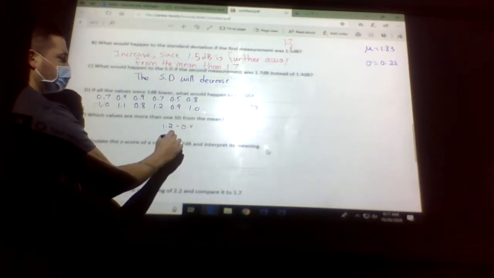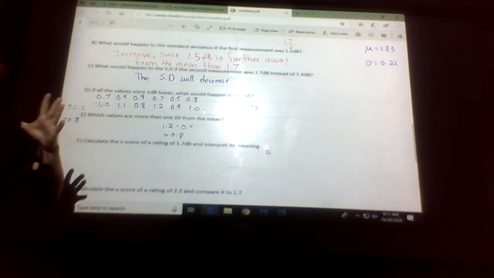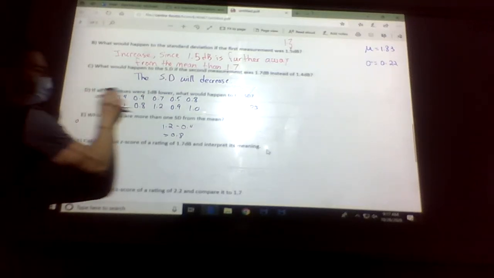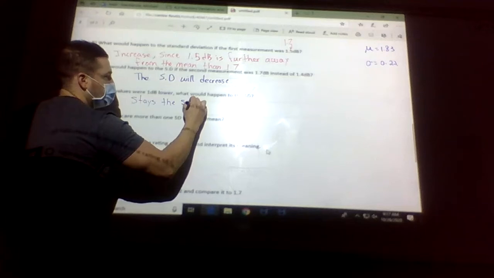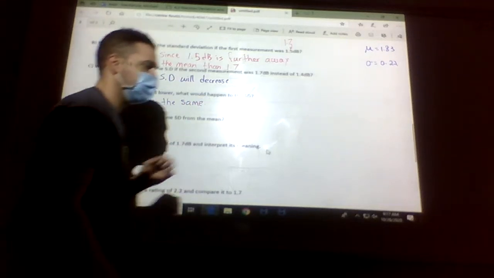That's a difference of 0.8 as well. So the spread of the results hasn't changed. They're equally spread out, so the standard deviation stays the same. That was kind of a trick question. It stays the same, because the spread of the values is the same.